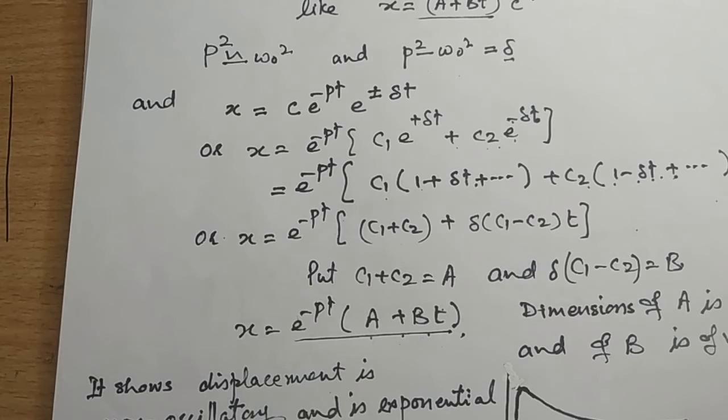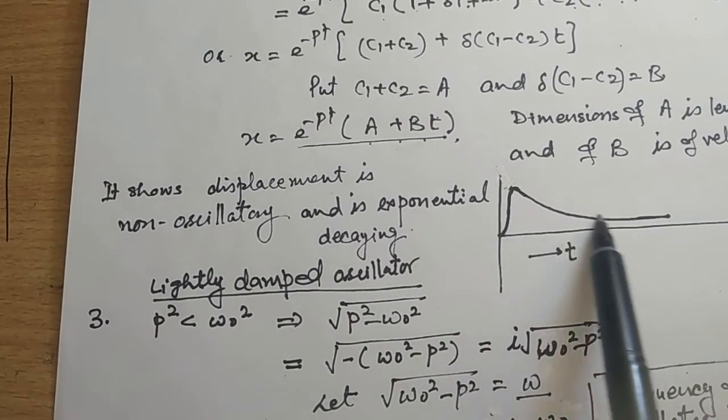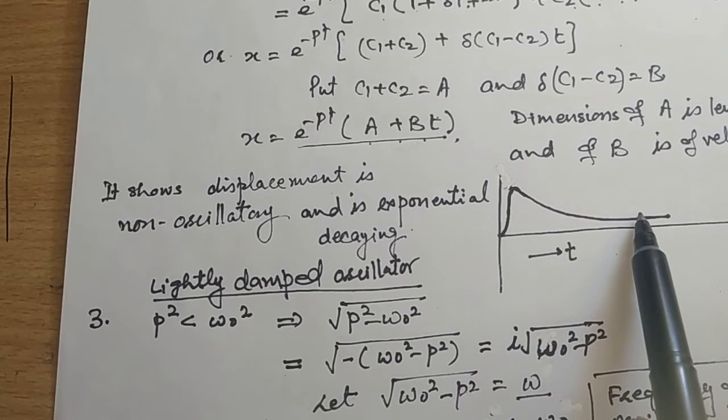Therefore, when you give an initial impulse to the oscillator, it will go up to some amplitude and then return to the original position, so it is non-oscillatory, and it is an exponential decay, as you can find here.